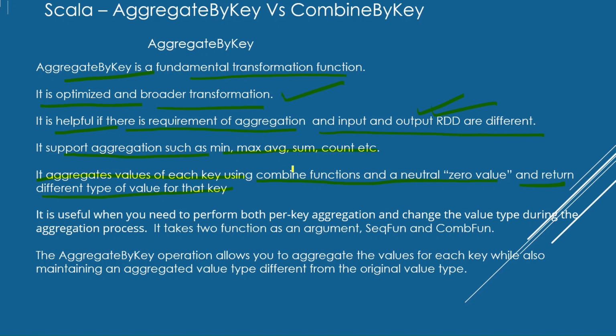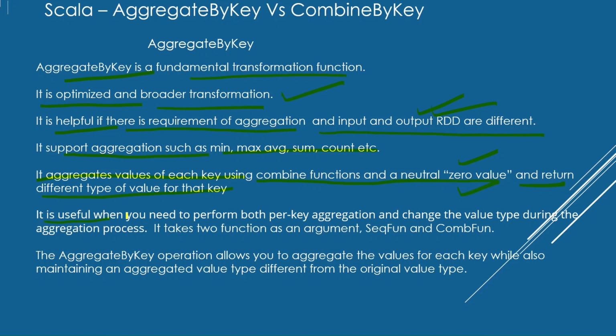It means that first it performs the combine function at the partition level, and first it is going to initialize the accumulator with the help of a zero value. Whenever the combining function happens over a partition with the help of aggregateByKey, it will initialize the accumulator with a zero value.